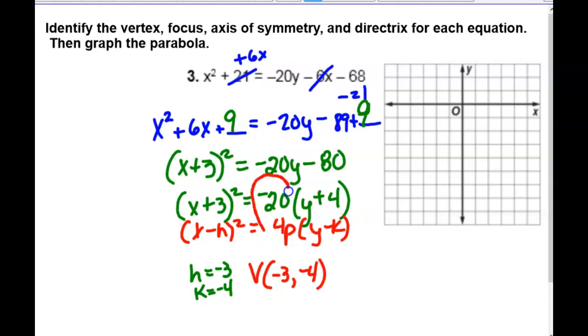Anybody tell me what p is? Let's see, if we have an x squared and a p less than 0, it does open down again. -3 to the left and down 4 is the vertex, and then what?